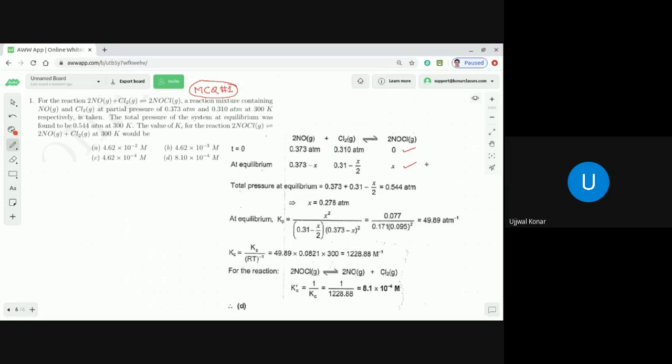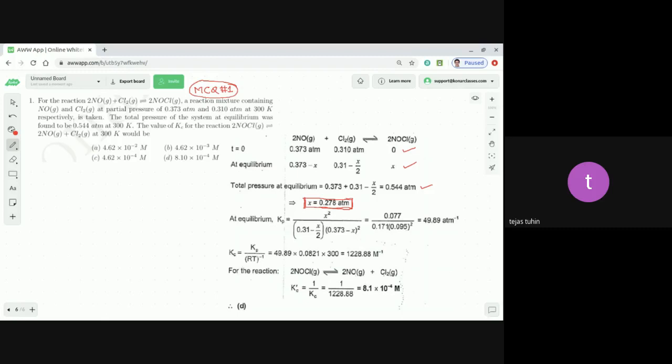So the total pressure at equilibrium will be the sum of all these, and according to the question, that should be equal to 0.544 atm, correct? So from here we find the value of x. Is it clear so far, all of you?